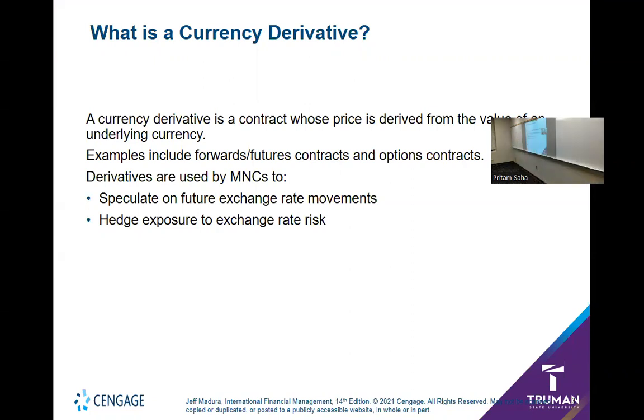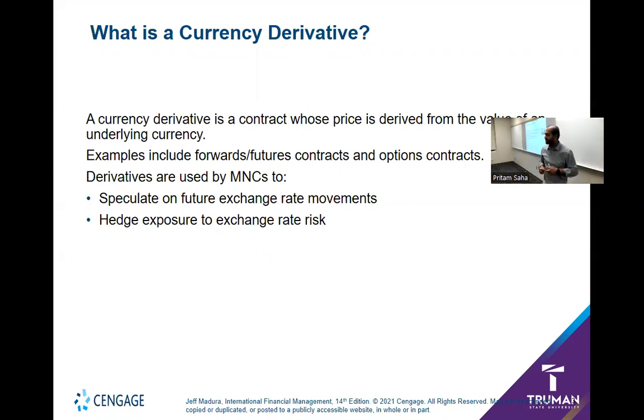If you remember, in the last class we did some problems where big fund institutions have expectations, right? Based on the expectation, they borrow from one country and invest in another country. They borrow from the country whose currency will depreciate in the future, and invest in the country whose currency will appreciate in the future, right?